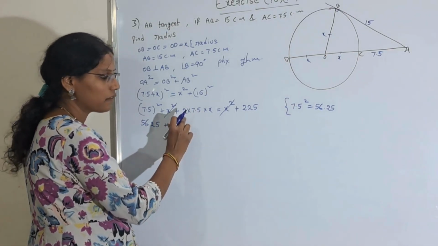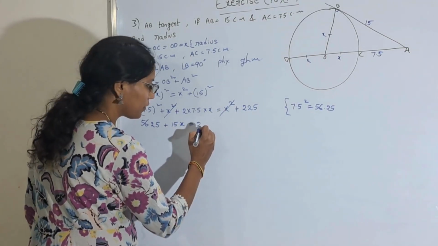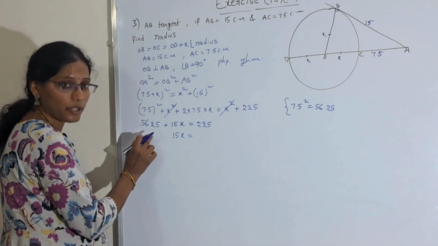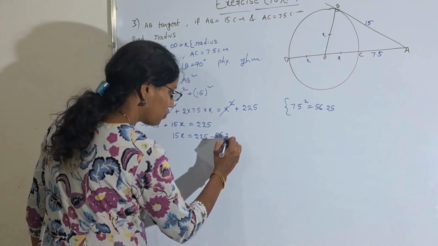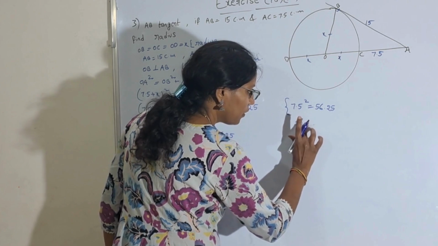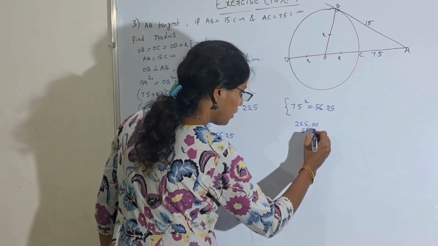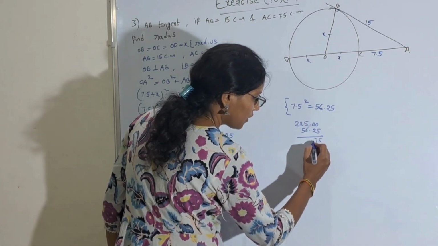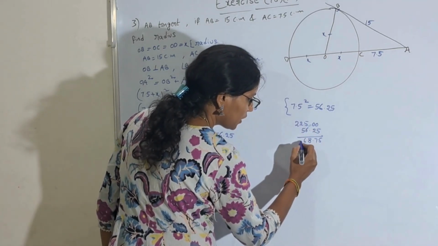Plus 7.5 into 2, 15x, is equal to 225. 15x is equal to 225, and we have to send 56.25 to the right side: 225 minus 56.25. 225.00 minus 56.25, we do the subtraction.